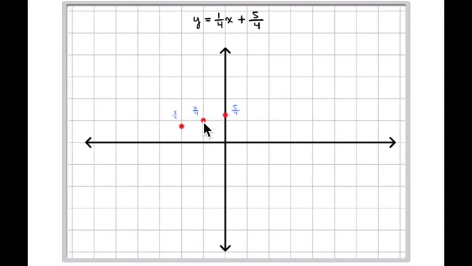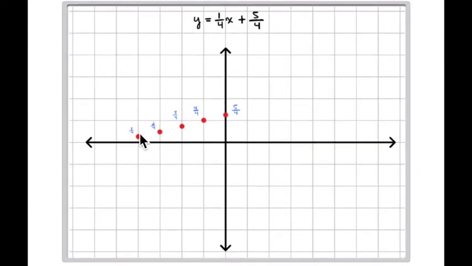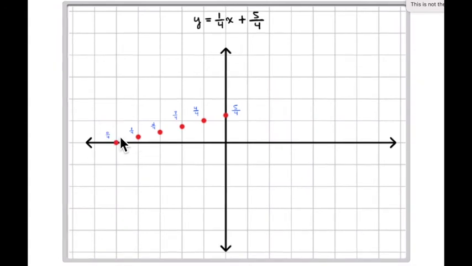So you're going down 1/4 for each unit that you move in the horizontal direction in the negative direction. Let's do that again. -1, negative 1/4. So now we're at 2/4. -1, negative 1/4. So now we're at 1/4. And a -1, negative 1/4. So now we're at the x-axis.